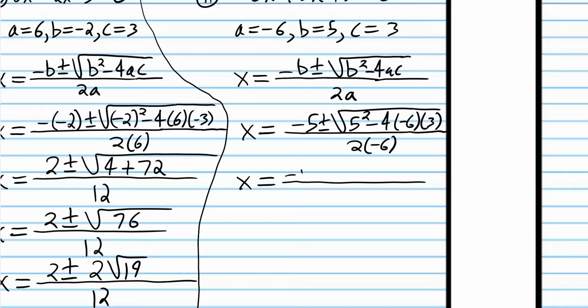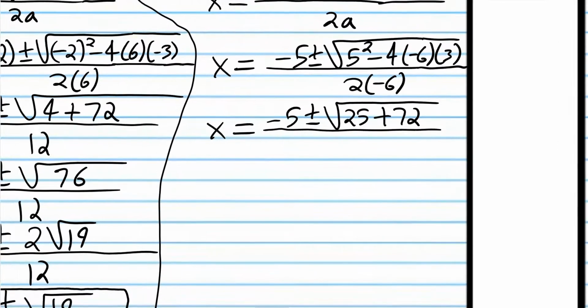And now we just have to simplify. So we have 5 squared is 25, and then we're just going to multiply all this together. And it's kind of a coincidence that it just ended up being the same product that we did before. So that's just going to be 72, positive 72. And we get negative 12 in the denominator.